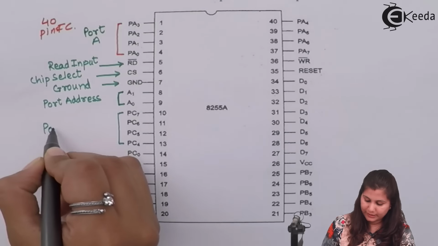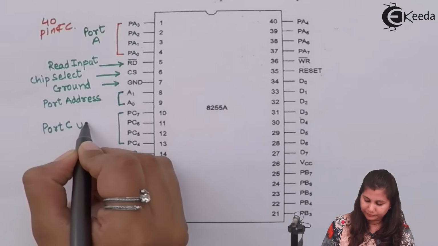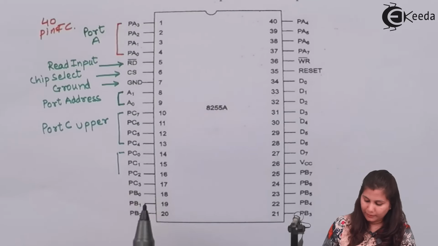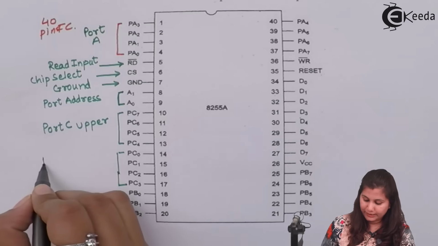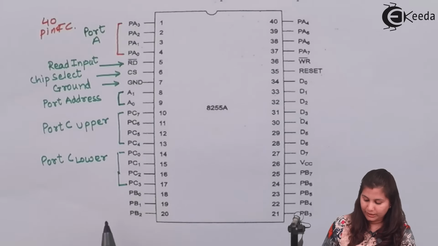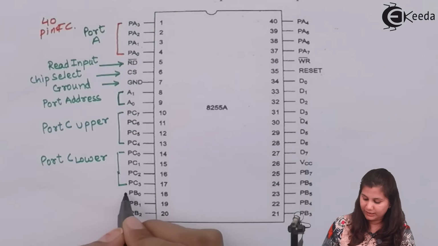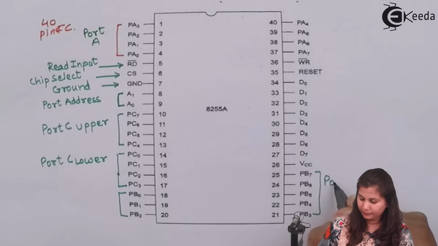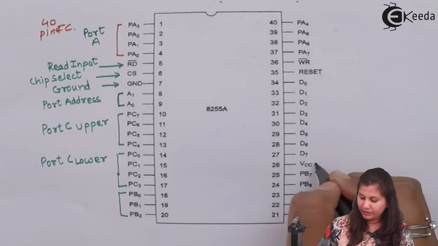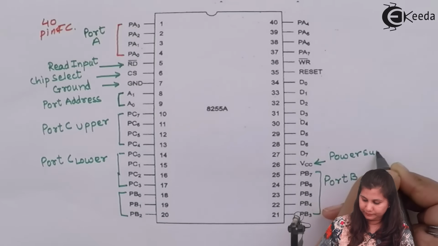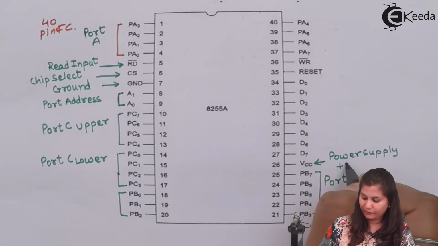it is port C upper. Then PC0 to PC3, it is port C lower. Then PB0, PB1, PB2, PB3 till PB7, these are the port B. Then VCC, it is the power supply, which is plus 5 volt.